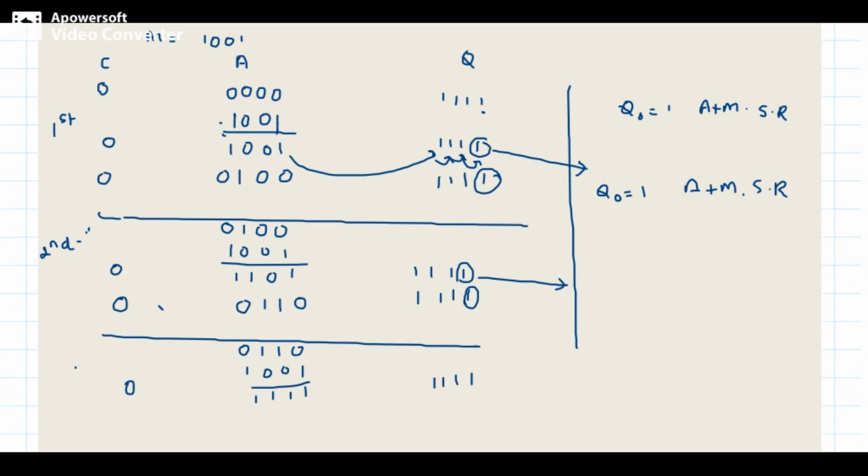If you are shifting, this last bit will be omitted, so I will start writing from the previous bit: 1 1 1 1 1 0 and 0. So this completes the third cycle.